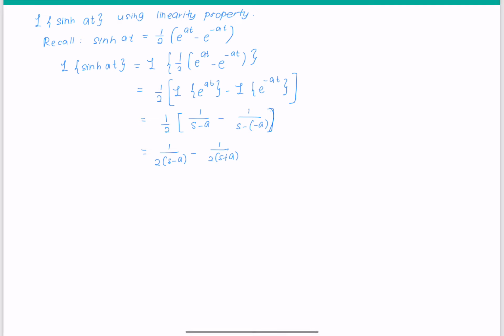Okay, so this can be written as 2s plus 2a minus 2s minus 2a, divided by 2 times s minus a, s plus a. Sorry, we have another 2 here.